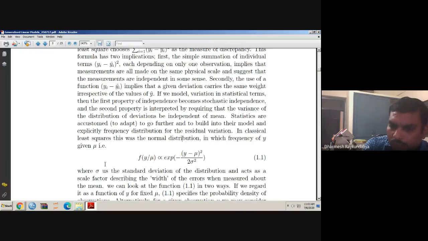Here sigma is the standard deviation of the distribution and acts as a scale factor. So it is a location and scale family, where mu is the location parameter and sigma is the scale parameter. The scale parameter describes the width of the errors when measured about the mean, so how far the observations deviate from the mean can be identified through sigma.